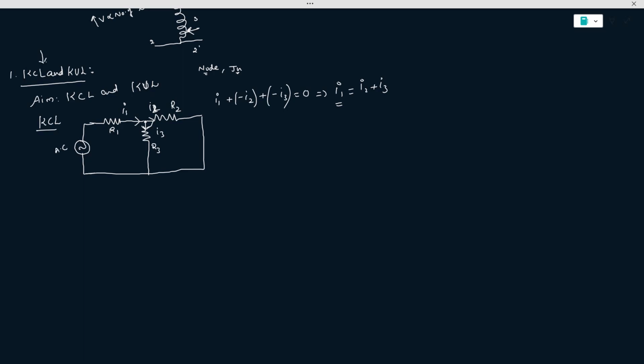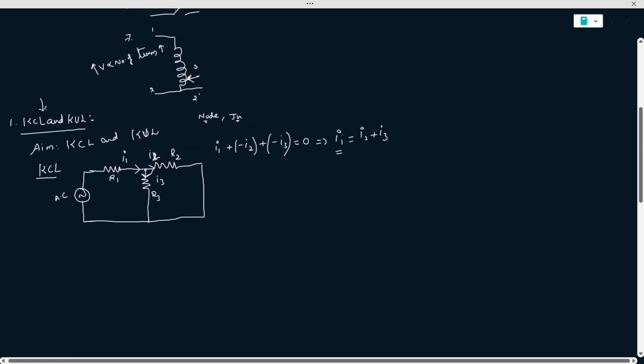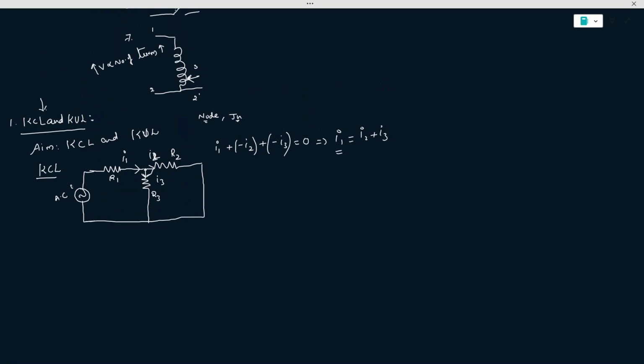Now I need a circuit diagram which will show the actual experimental setup. How could I represent this AC symbol? This symbol represents a fixed AC.